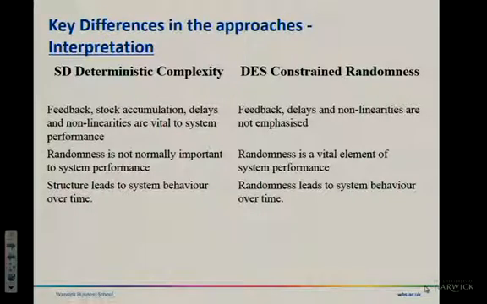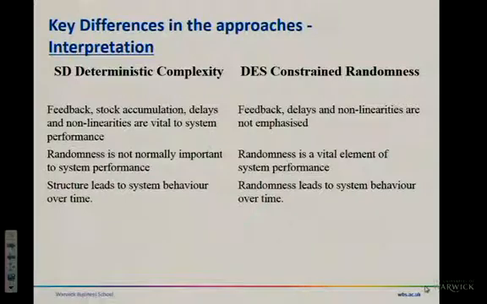What you try to emphasize here is how the system behaves in terms of the randomness that is embedded in the system, and what you need to address that randomness. How do you need to address the main objectives of the system depending on the views of the owner of the system? In system dynamics, the important thing is to understand what the key stocks are, what the feedback is, and what the delays are that make the system behave in a certain way.